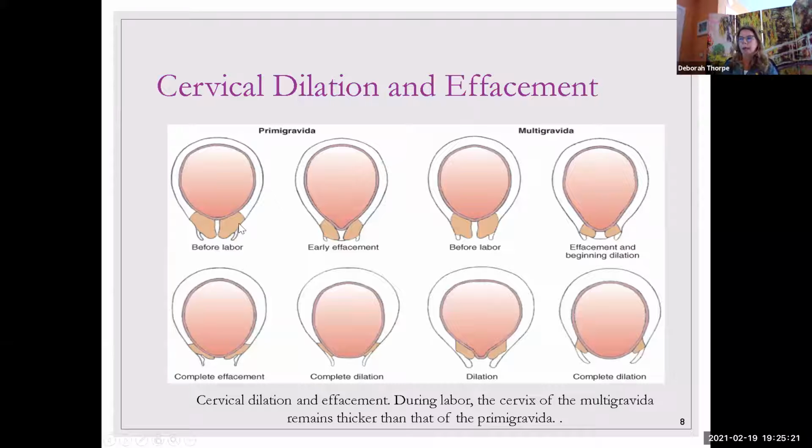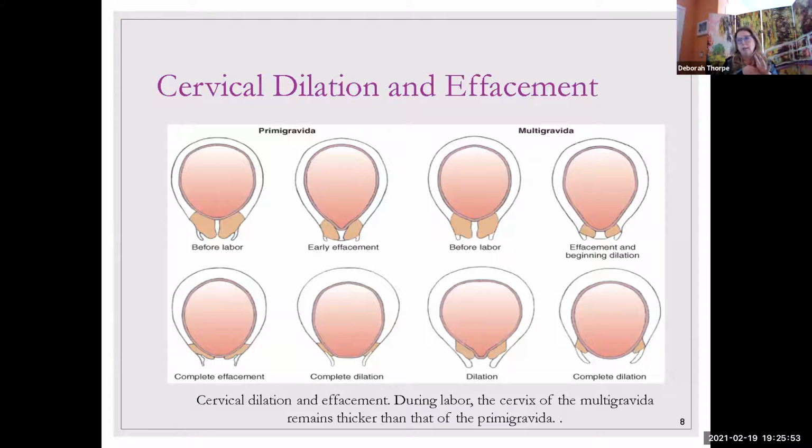The cervix of a prima, for short, is usually this thick, and I always use my hand to show students, or when I was doing new grads, the thickness of your hand between your thumb and your index finger. If you feel that thickness, that's kind of the way the cervix feels when you're having your first baby.